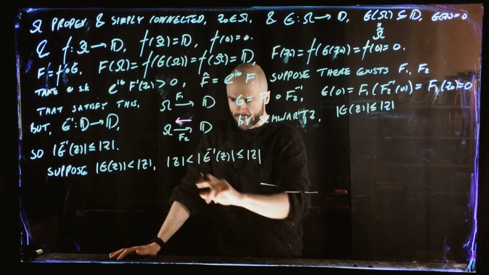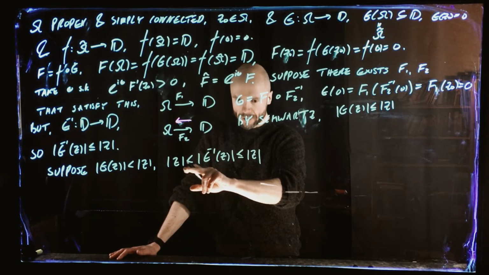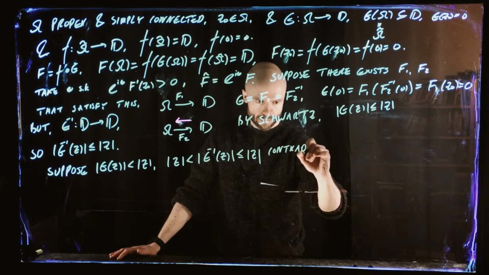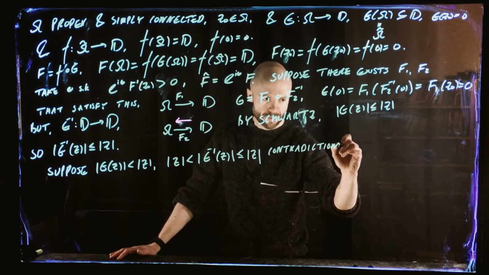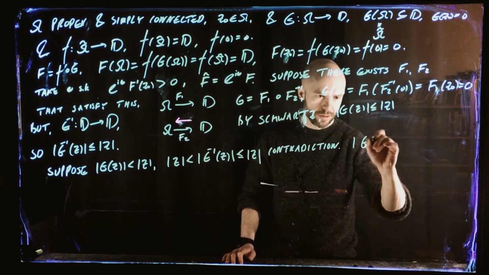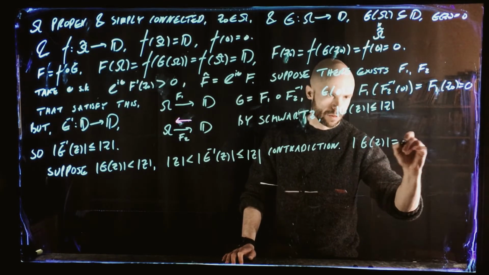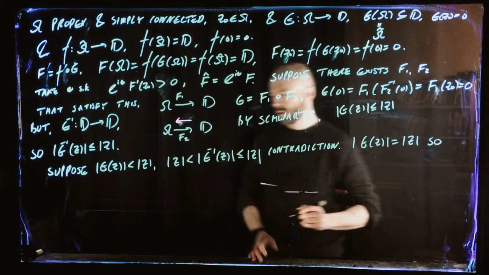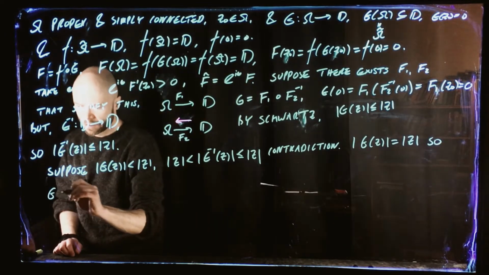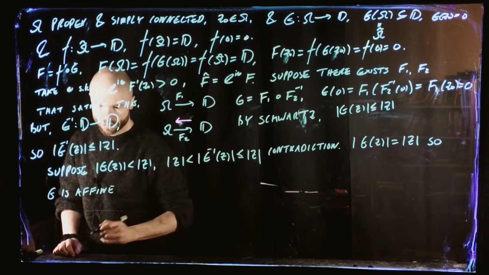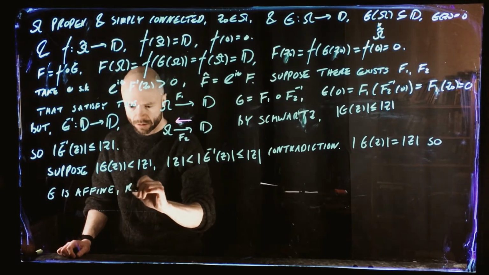So we have that z is strictly smaller than z, a contradiction. So that's impossible. So then we have that the absolute value of g of z is equal to the absolute value of z. So g is affine by Schwarz. It's actually a rotation.